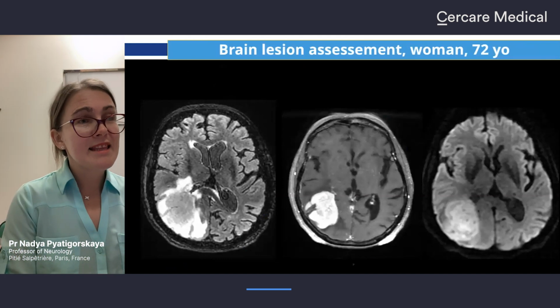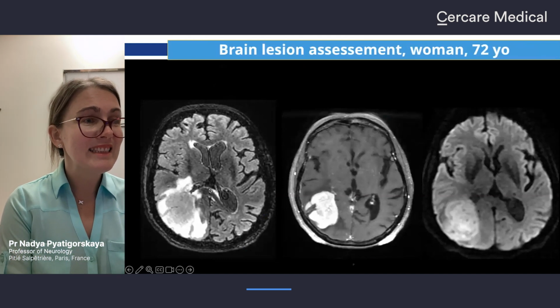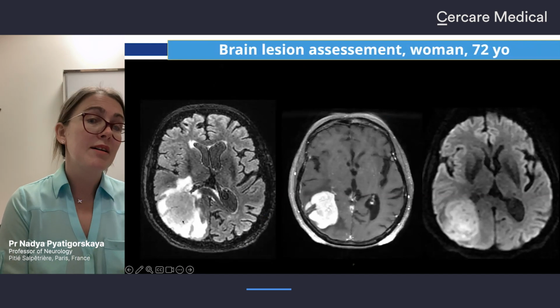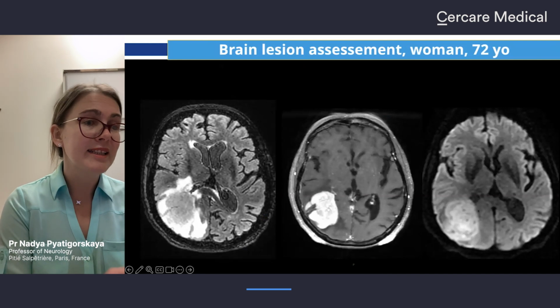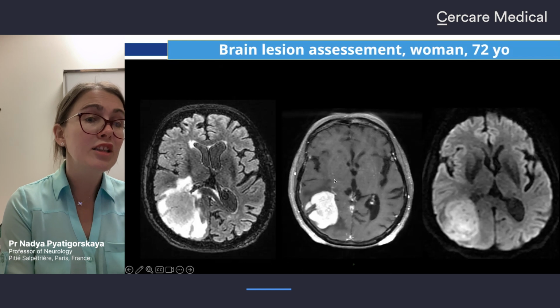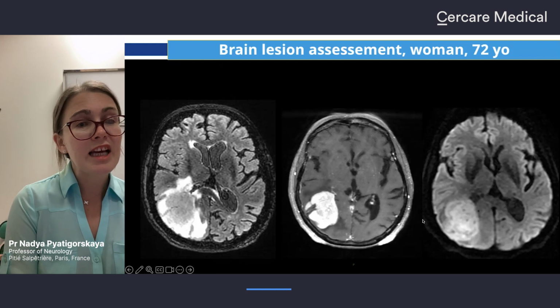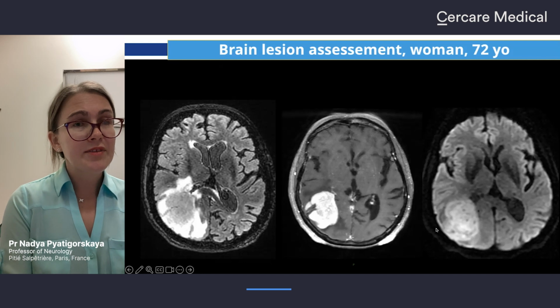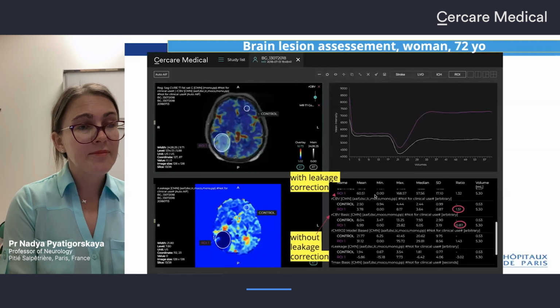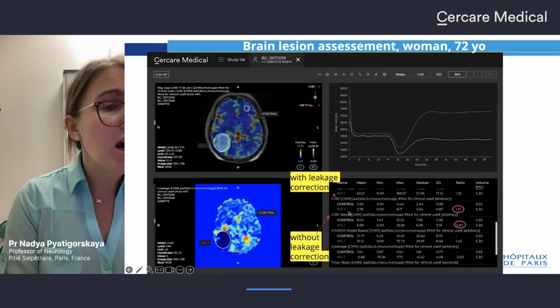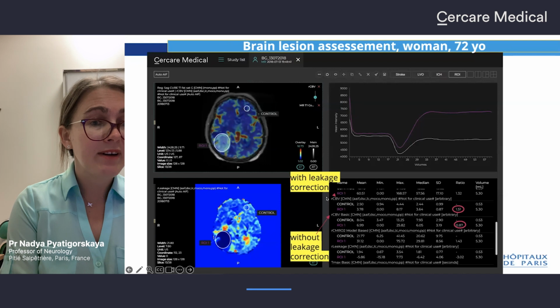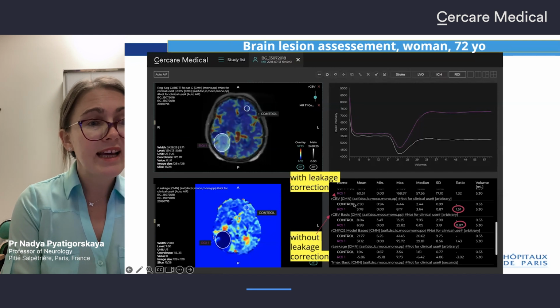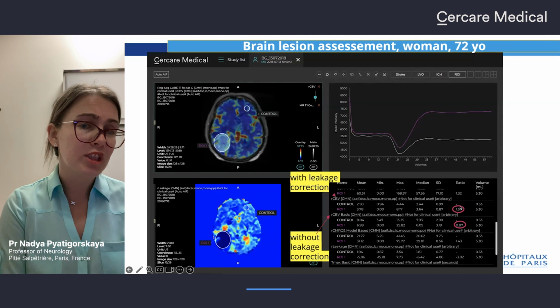Finally, the last example is this lesion that you can see here. This is a primary tumor assessment. We can see the strong contrast enhancement with some mass effect and increased diffusion signal. And of course, we will do the perfusion imaging. If we look at the RCBV values without any leakage correction, we will see that there is some hyperperfusion.